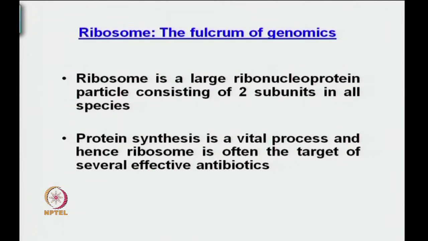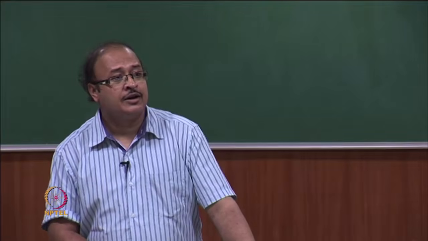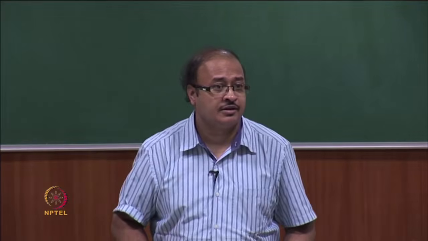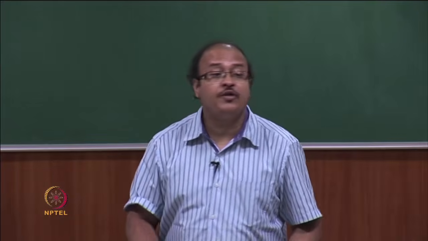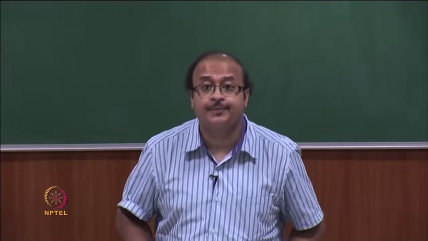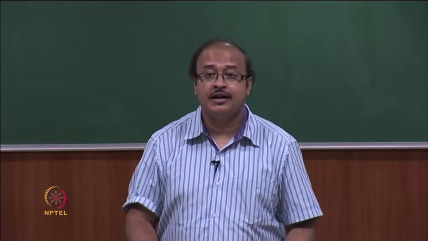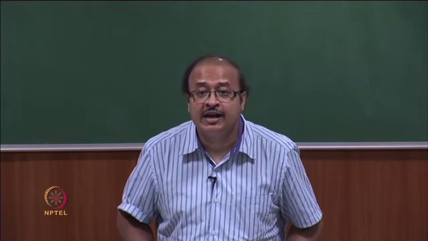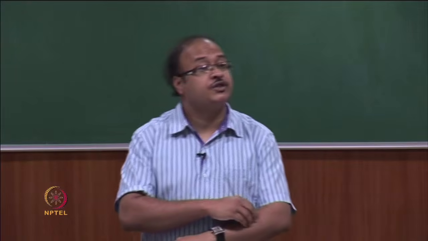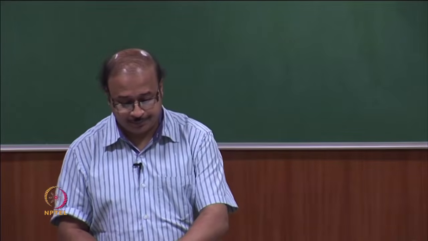Now, since protein synthesis is a vital process, and it takes place in the ribosome, to stop the synthesis, the ribosome can often be targeted with antibiotics. That is why protein synthesis is a vital process, and hence the ribosome is often the target of several effective antibiotics.